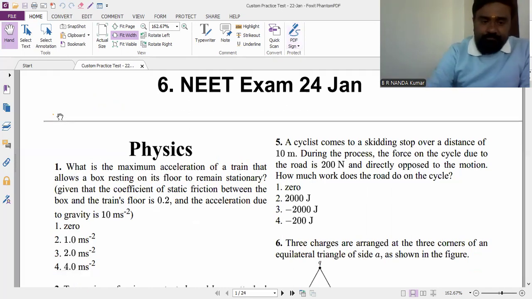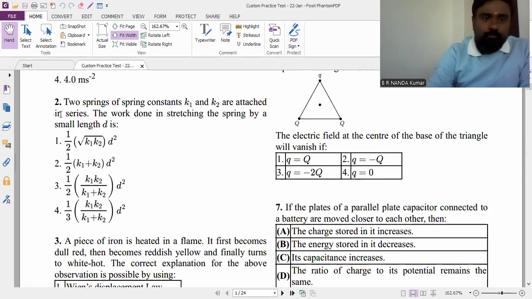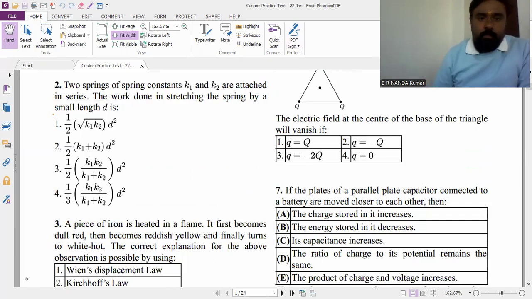So next question number 2. Two springs of spring constants K1 and K2 are attached in series, so Ks is equal to K1 K2 divided by K1 plus K2. The work done in stretching the spring by a small distance.